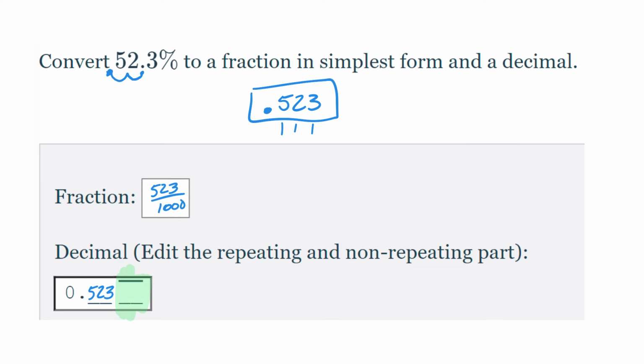Now remember, this fraction does not reduce, but remember we can go math, and then under that it's going to say fraction, and then it's going to say the answer. But if you just hit math, enter, it's going to convert your fraction into a reduced version of that fraction. So we're going to go math, enter.